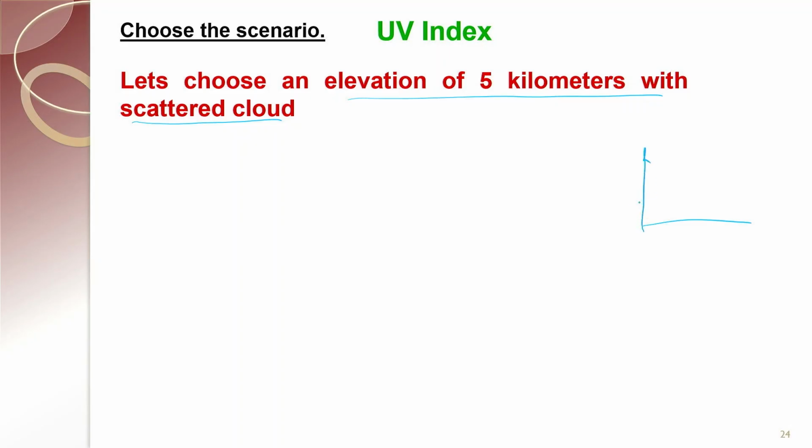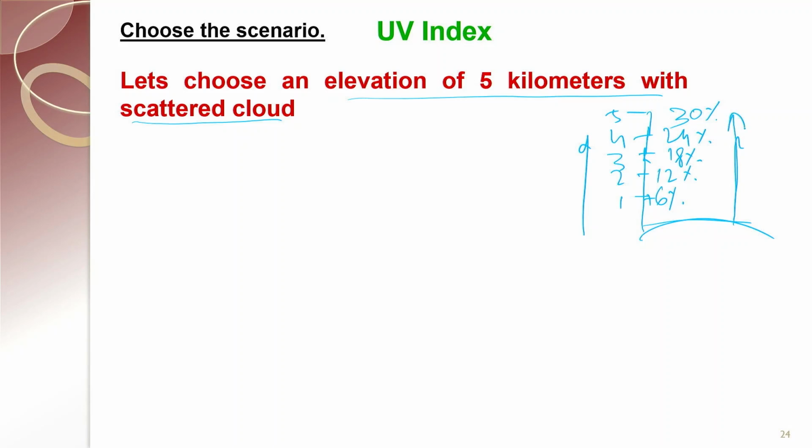So, 1 kilometer, 6% increase; 2 kilometer, another 6%, 12% increase; 3 kilometer, 18% increase; 4 kilometer, 24% increase; and 5 kilometer, 30% increase in the intensity due to the elevation from the sea level, and the scattered clouds are there.